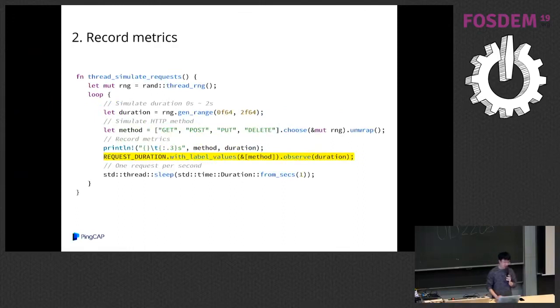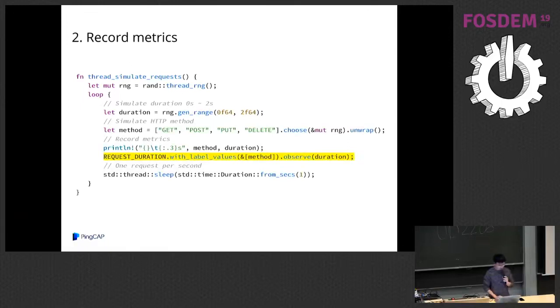For the second step, you will record the metrics. As an example here, I just use random generators to generate these metrics. In real applications, you should use an instant to record the duration instead of what I did here. It's just for demonstration. Here the code simulates a request. As you can see, its duration will be randomized from 0 to 2, and its HTTP method will be one of get, post, put, and delete.